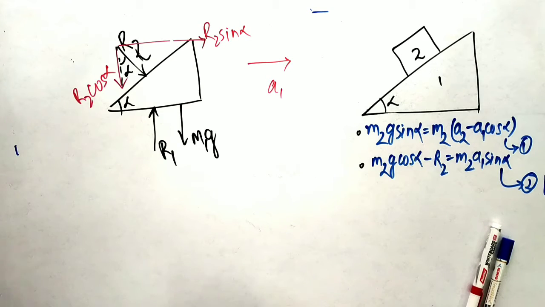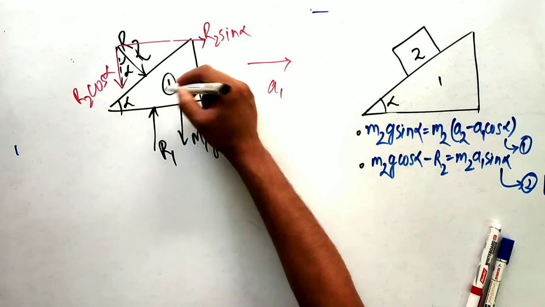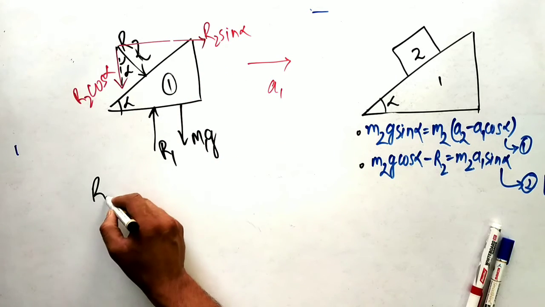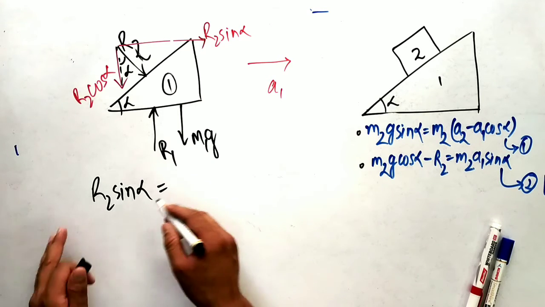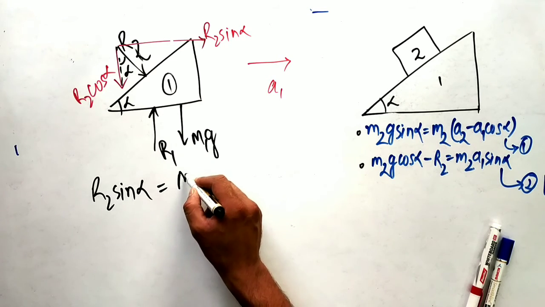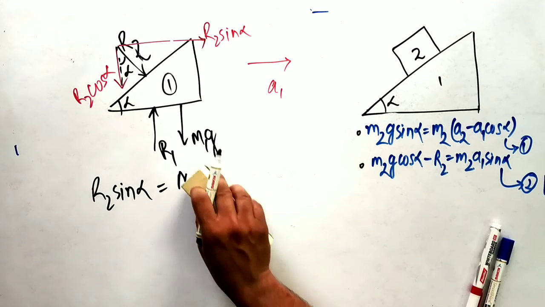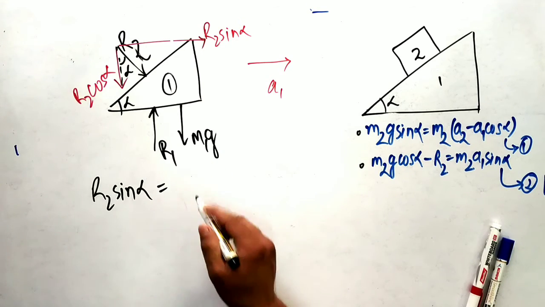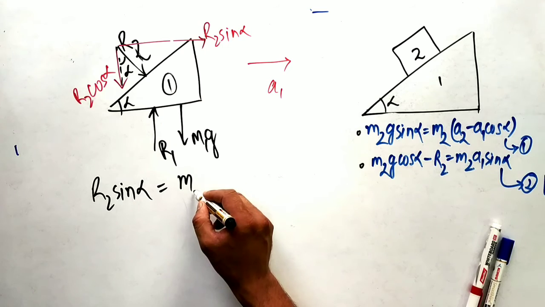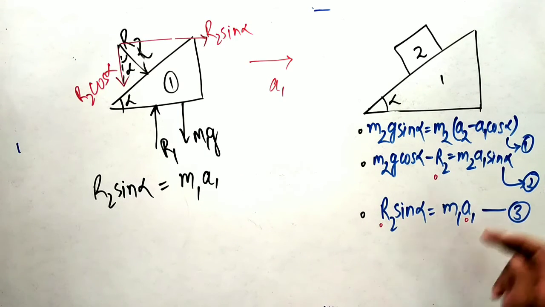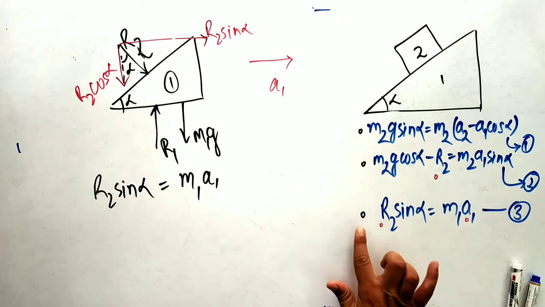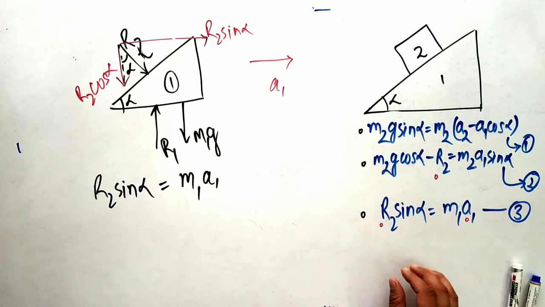So the only force responsible for the motion of the block 1, the wedge, in this direction is R2 sin alpha, and the R2 sin alpha is going to be equal to m1 a1. We will use the second equation and the third equation to find out the value of a1, the one that we required.